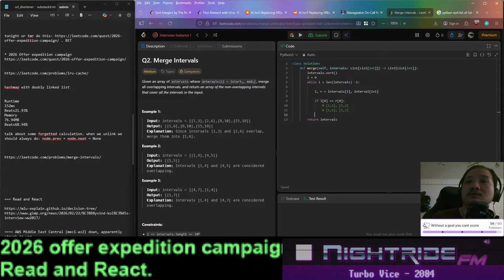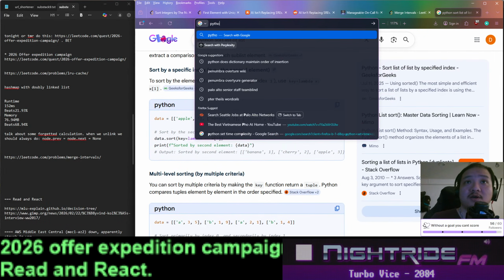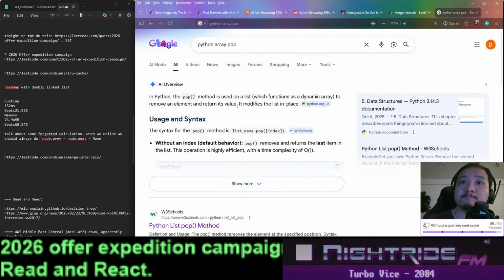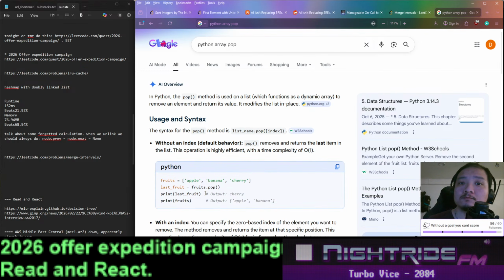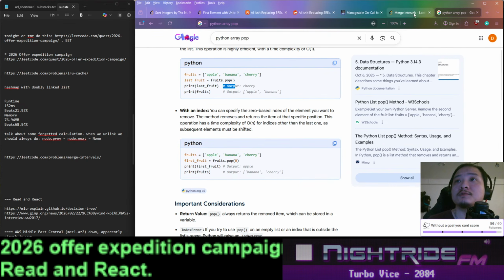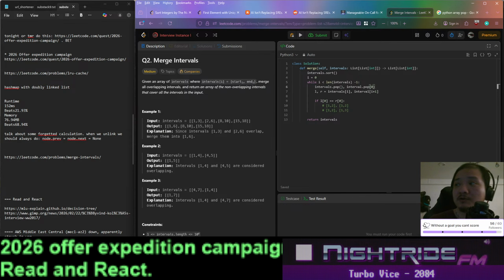Okay, so let's just pop, interval.pop. Does the Python array pop the first element? Let's just pop 0.